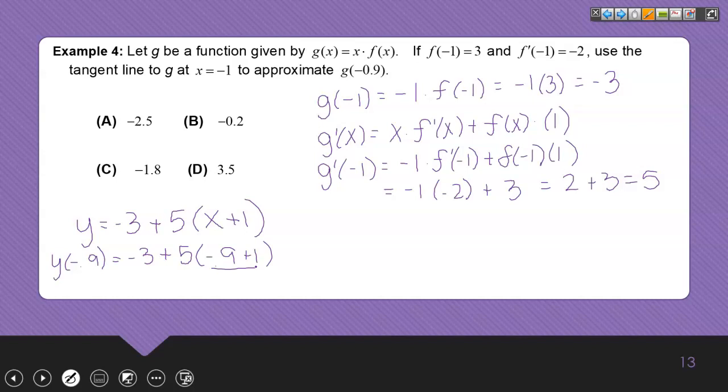Well, 5/10 would be a half, so -3 plus a half would be -2.5. I guess you could have done 5 times 0.1 and got 0.5 too. I don't know why, I always turn everything to fractions. I like fractions. I see a tenth better as a fraction.